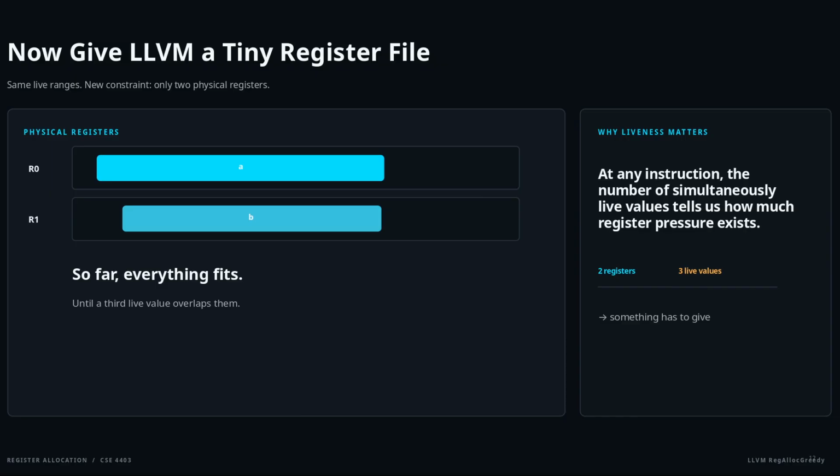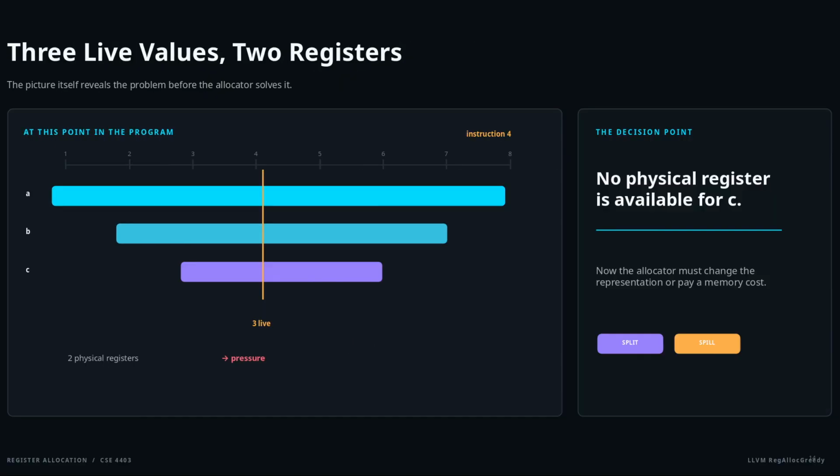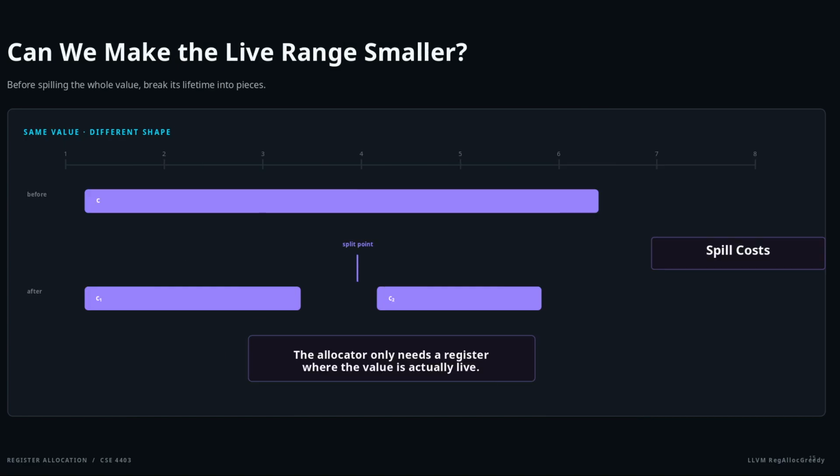Suppose we have a tiny register file containing 2 registers. We have variable A and variable B, so we can give each of them a register, so they both live here. And what if another variable comes? Since we have only 2 registers, we can't give C a register right now. So what is our plan? We have a strategy.